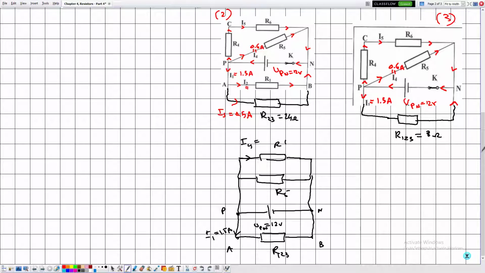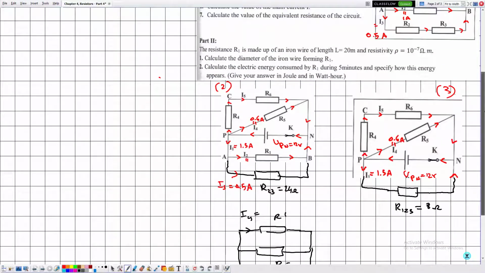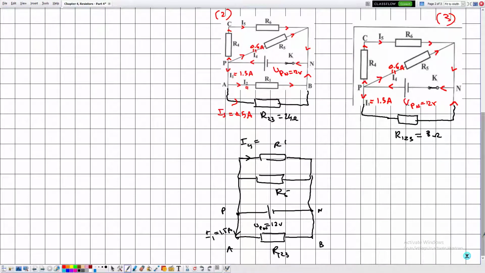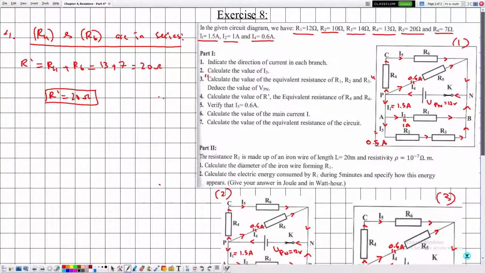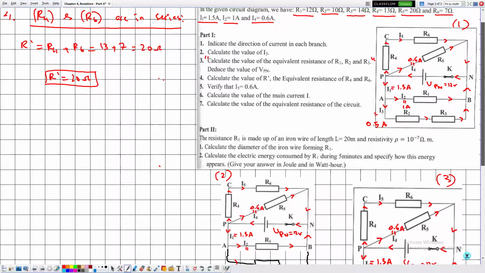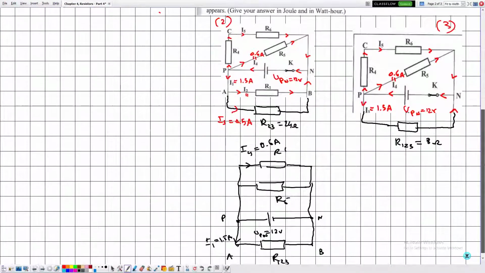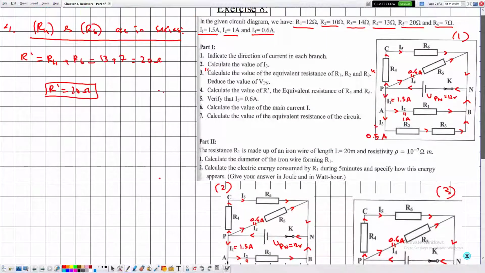So this is given by how much? 0.6 amperes. What else do we have? Okay, we don't care about the current I3 and I2 because simply it's replaced by I1. So this is it. And here we have the current I5.